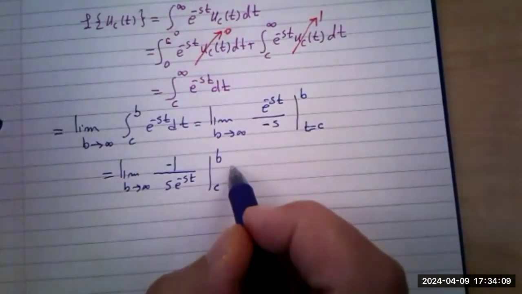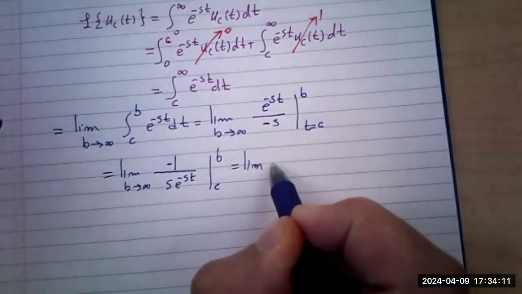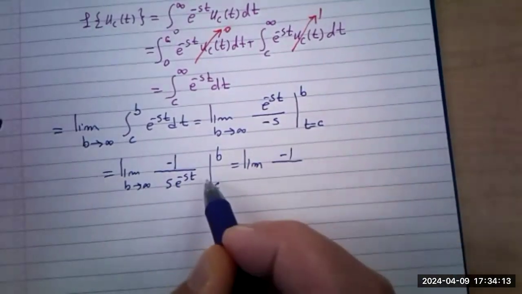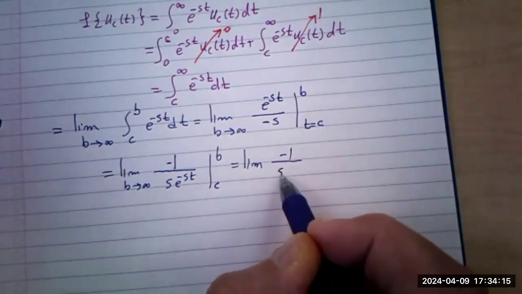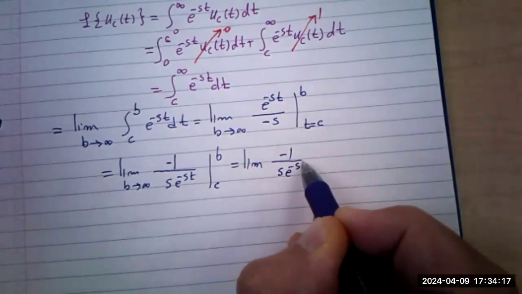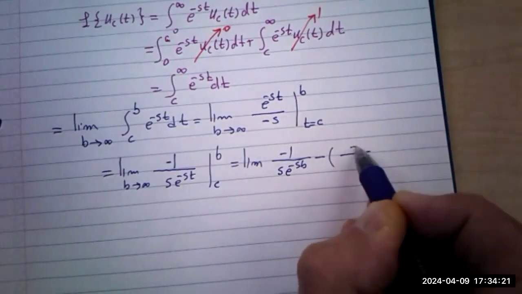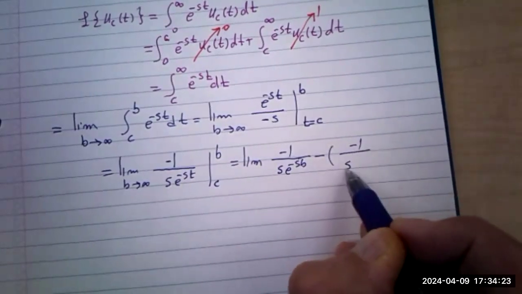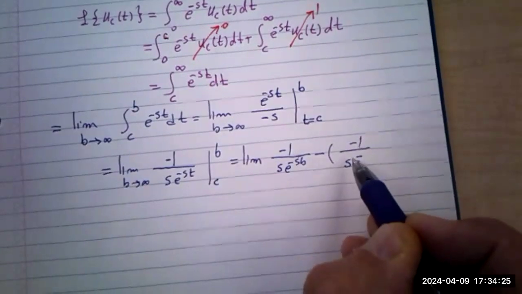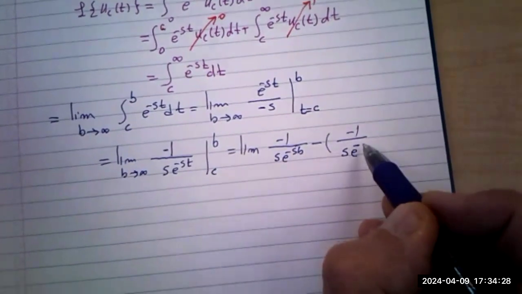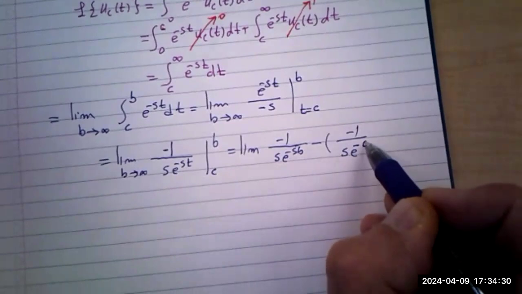Substitute. You substitute with the limit of negative 1 over s. If you put the b, it's negative 1 over s e to the negative sb, minus negative 1 over s e to the negative cs. Replace the t by c.